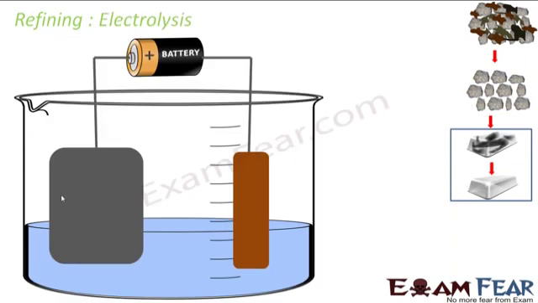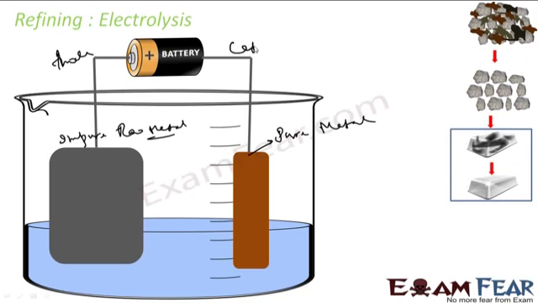The next process is electrolytic refining. Here my impure or raw metal is used as anode, and a strip of pure metal is used here as cathode.